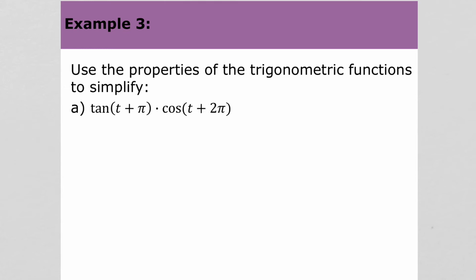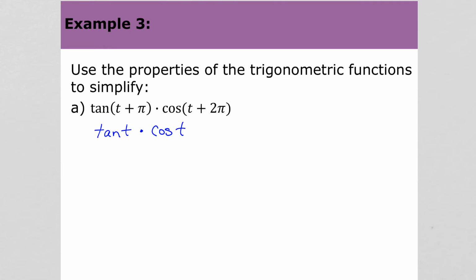We can do that because we know that tangent is periodic and repeats every pi. So tangent of t plus pi is just tangent of t. And we know cosine repeats every 2 pi. So cosine of t plus 2 pi is just cosine of t.